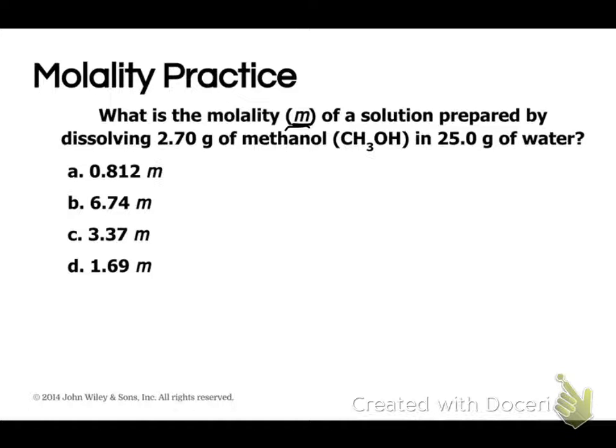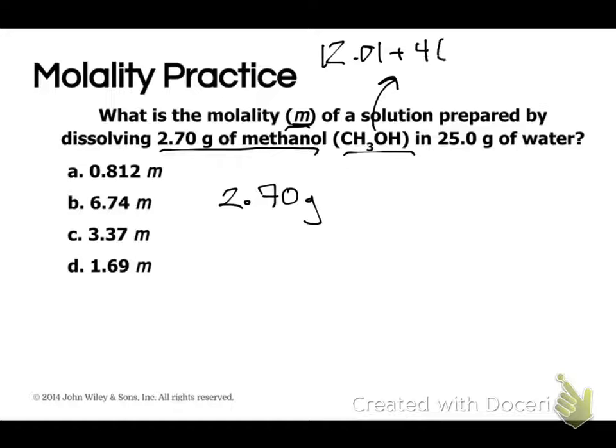What is the molality of a solution prepared by dissolving 2.7 grams of methanol, CH3OH? I'm going to have to calculate a molar mass for that. So it's going to be 12.01 for the carbon, plus I have 4 total hydrogens and 1 oxygen.